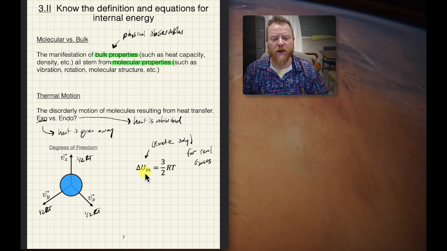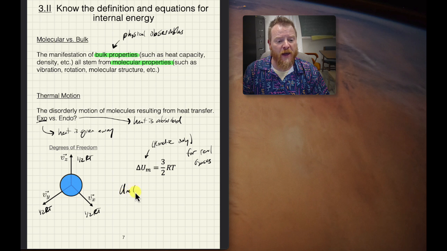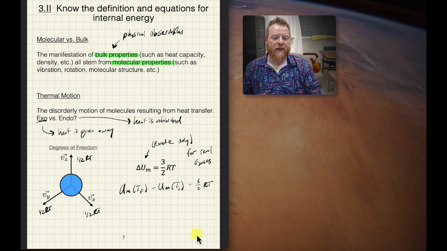Just to play on this delta a little bit further, if we consider this occurring at 2 different temperatures, so for example, UM at T final minus UM at T initial, and that still equals 3/2 RT.